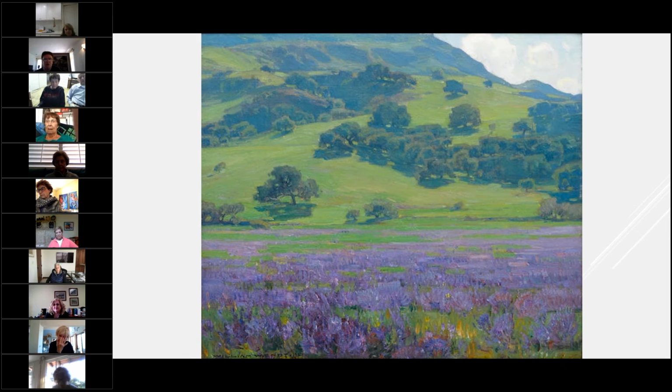Generally, you could refer to the bulk of Wendt's output as a symphony in green. He loved green. He loved every hue of green. And a lot of pictures are essentially symphonies in green. But this is notable because of the Lupin. Again, this is 1921.